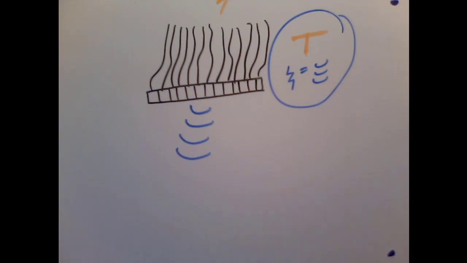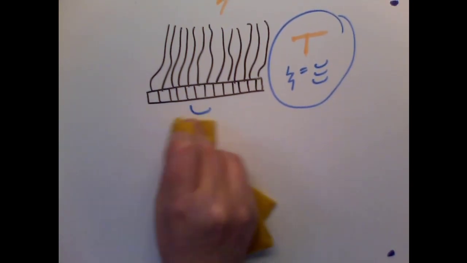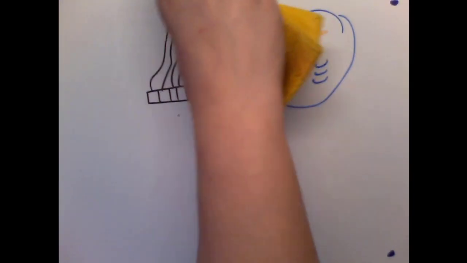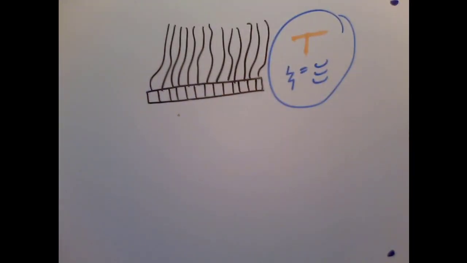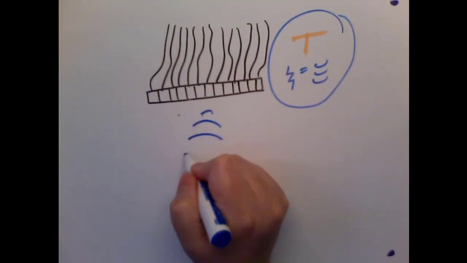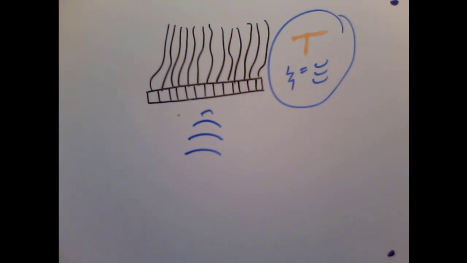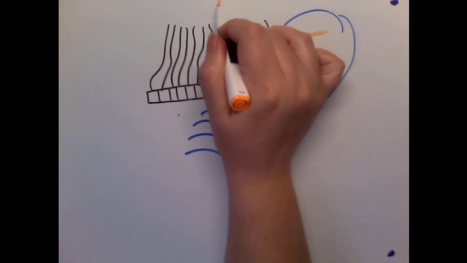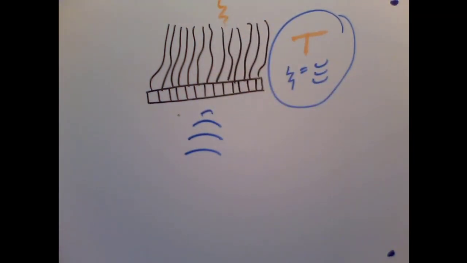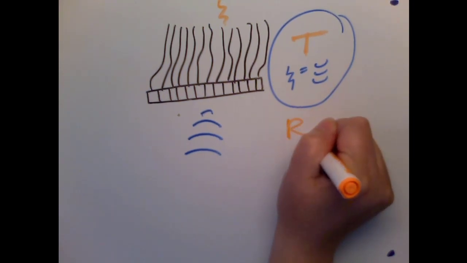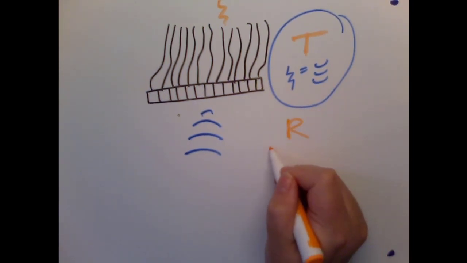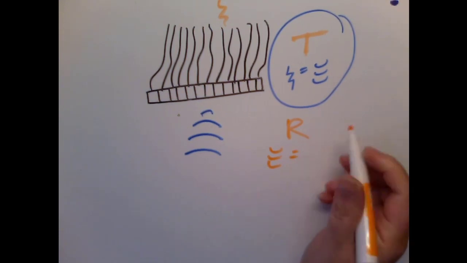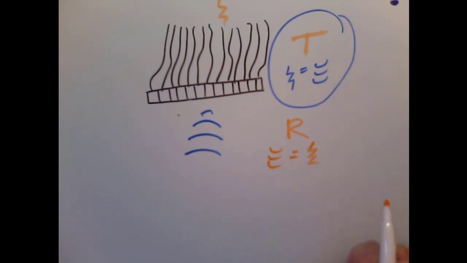Now when we think about what happens during reflection or reception, that sound wave is coming back, and it's going to interact with the crystals, and that's going to create electricity back to the machine. So during reception, we have sound being converted into electricity.